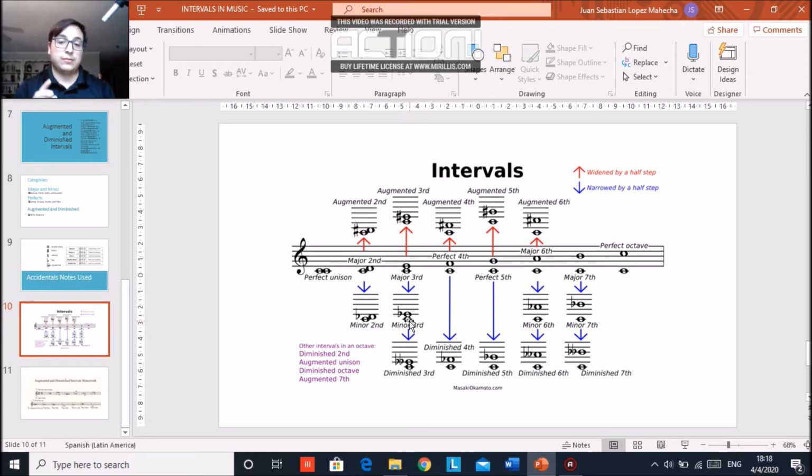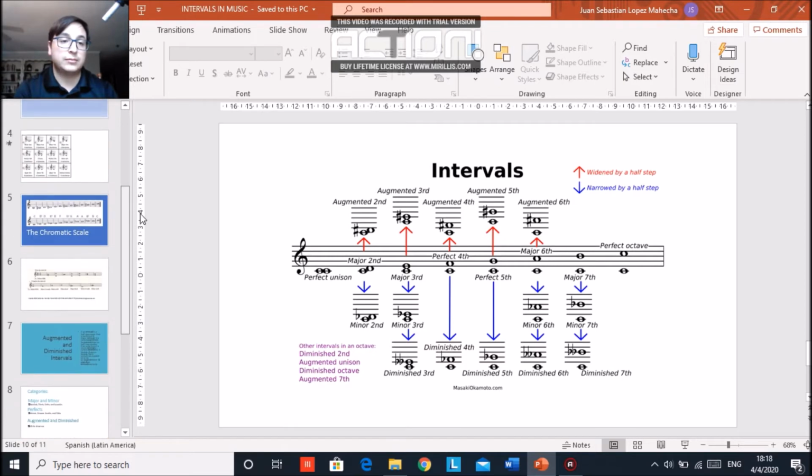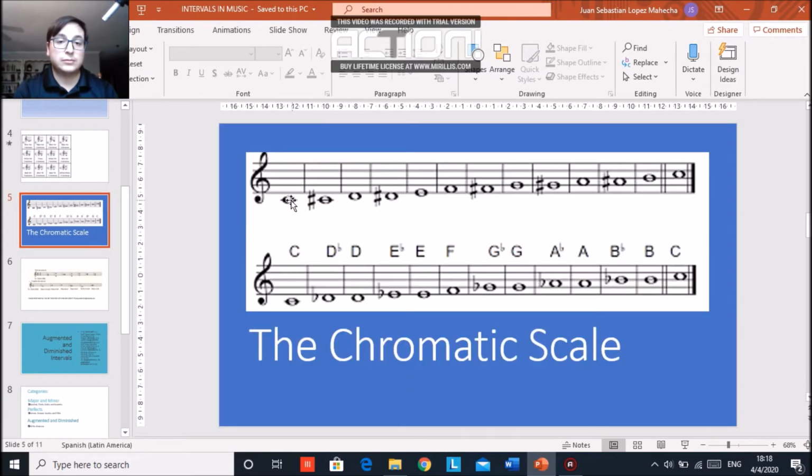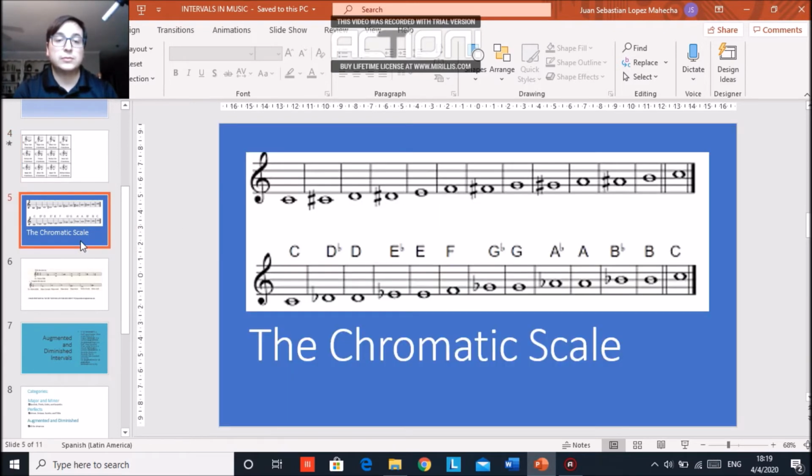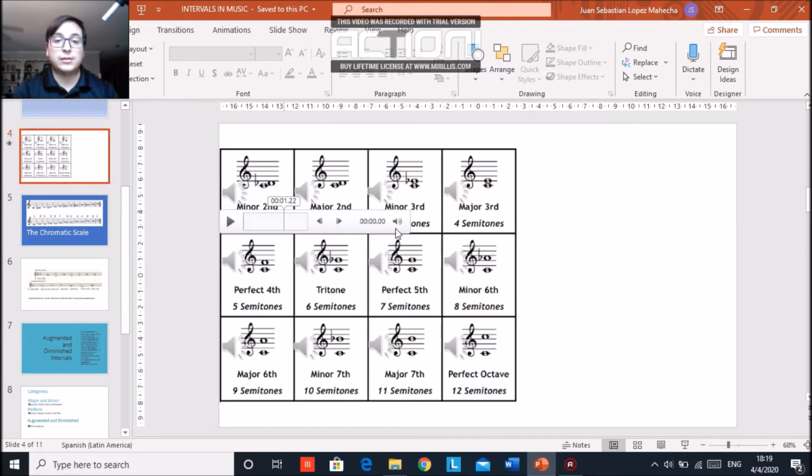Because if we count from C to E flat, we will have 1, 2, sorry, let's use this, 1, 2, 3, 4 semitones. It's gonna be a 1, 2, 3, 3 semitones. Yeah, it's a minor third.